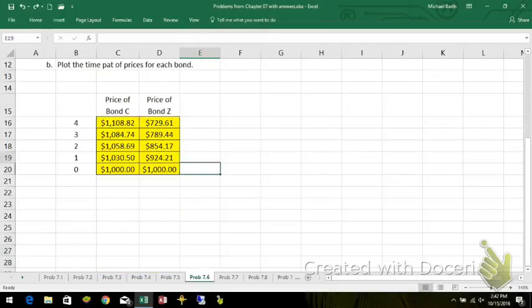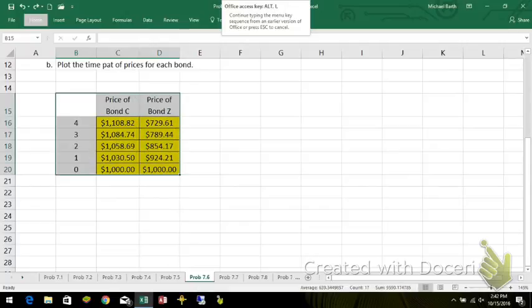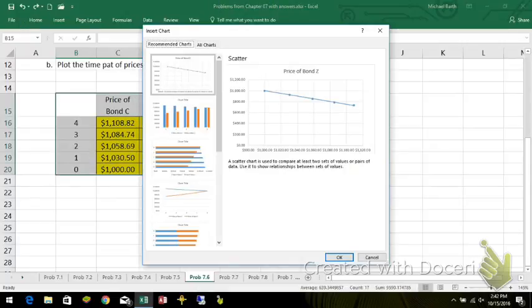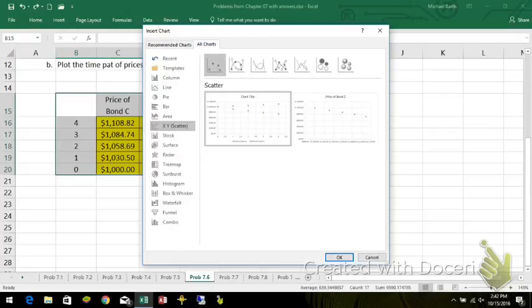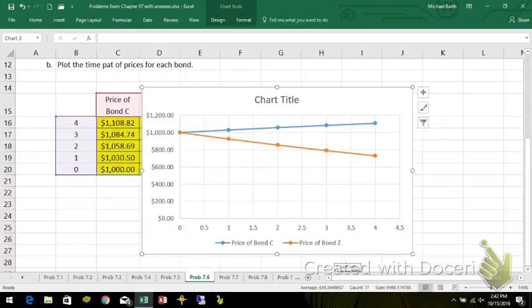All right. And so to plot these, what we can see is that as you move over time, the price of the coupon paying bond will drop over time until it reaches its par value, and the price of the zero coupon bond, which is selling at a discount, will increase.